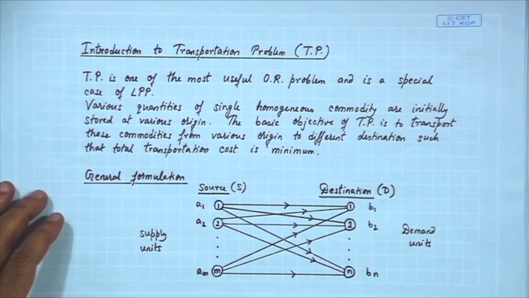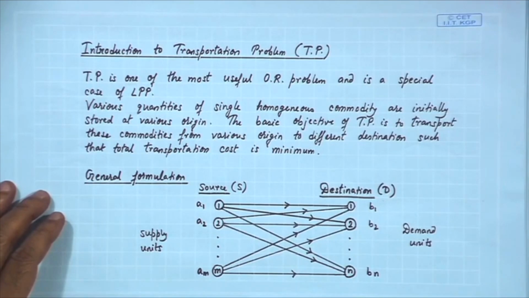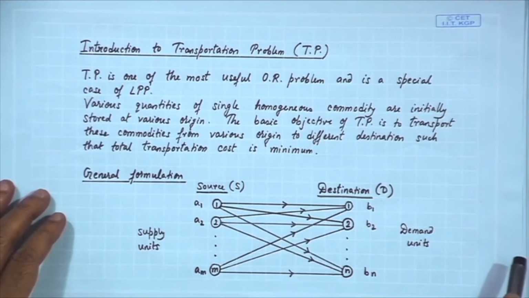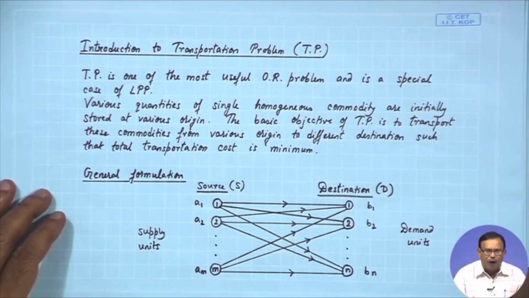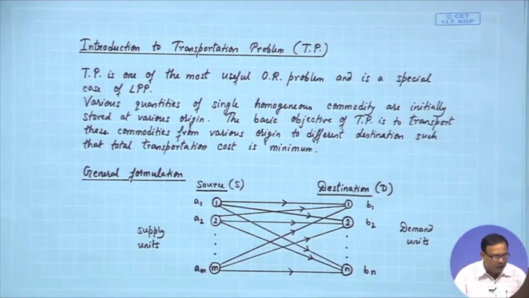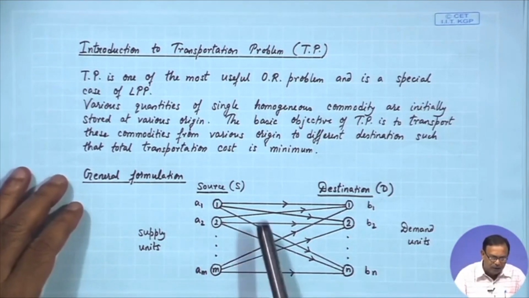Various quantities of a single homogeneous commodity are initially stored at various origins. The basic objective of the transportation problem is to transport the commodities from various origins to various destinations, such that the total transportation cost is minimized. The general formulation can be written like this.